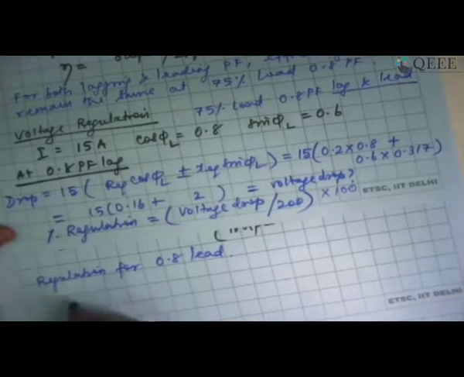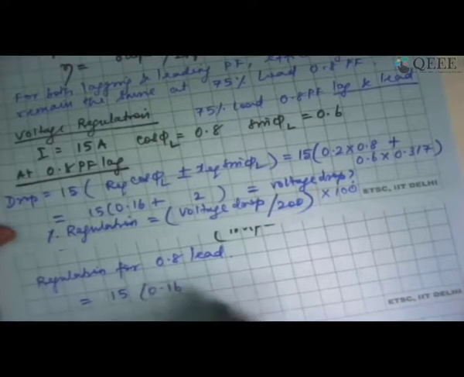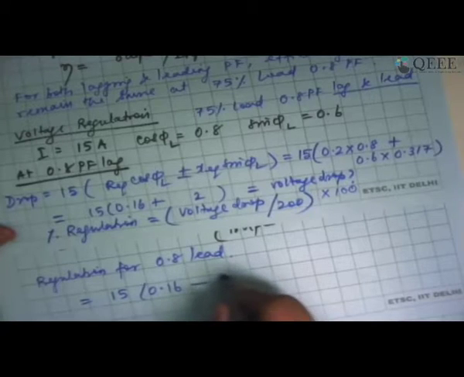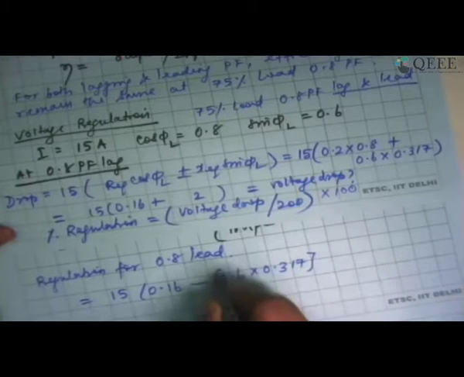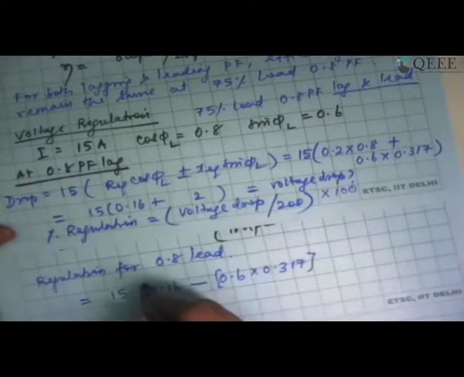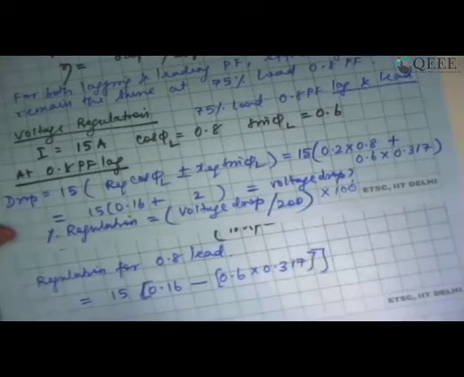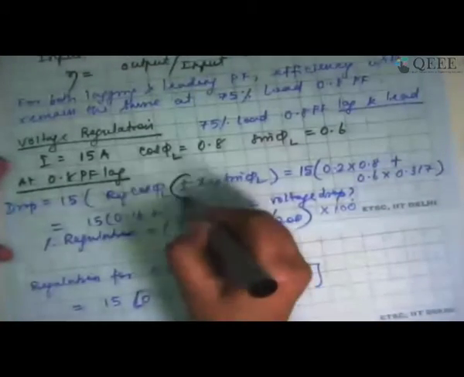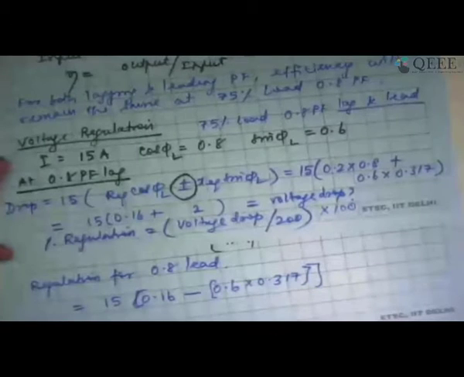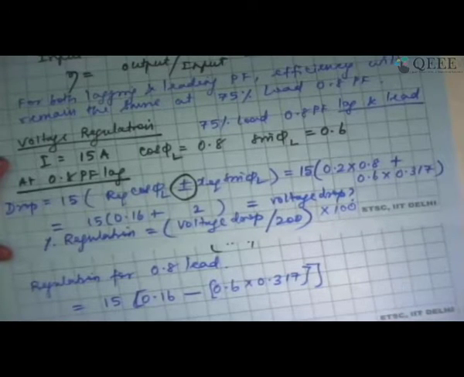So regulation at 0.8 lead is going to be 15 multiplied by 0.16 minus 0.6 into 0.317. Right? That's all is the difference, because we said plus or minus. If you may recall, plus is for lag and minus is for lead.